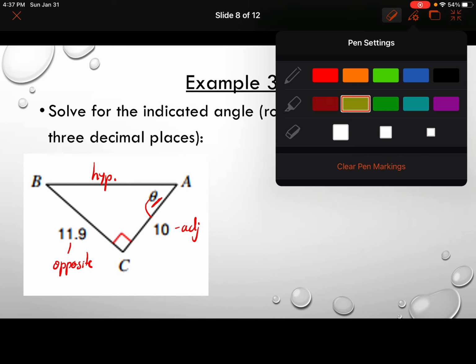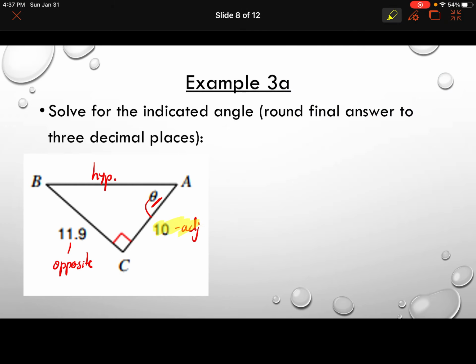So let's see what we have. We know the adjacent side, we know the opposite side. Let's think about this. Which trig function uses the opposite and adjacent side? If we look back, we would see that tangent uses opposite and adjacent in its ratio. Cotangent also does, but typically we use sine, cosine, and tangent, though you could use cotangent, nothing wrong with that.